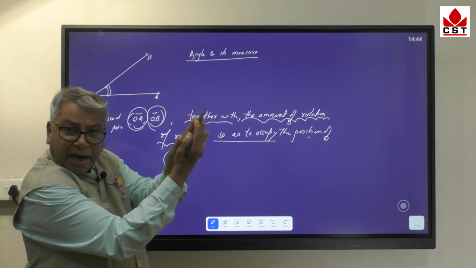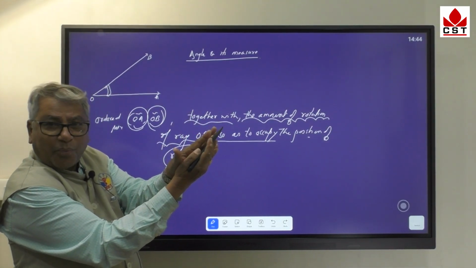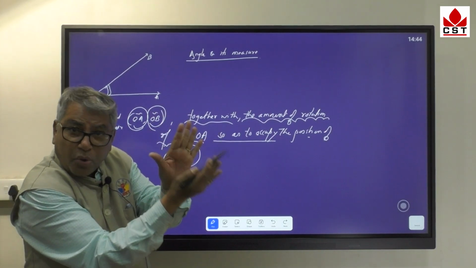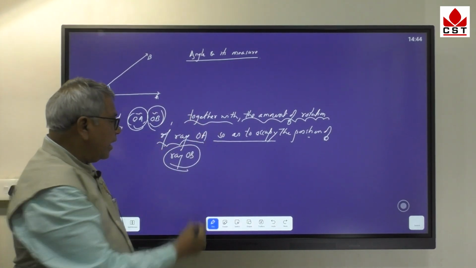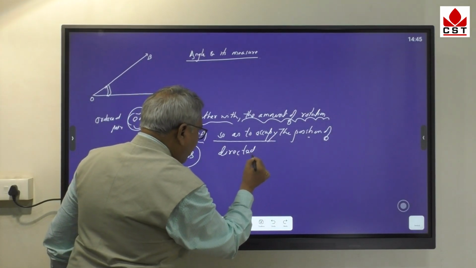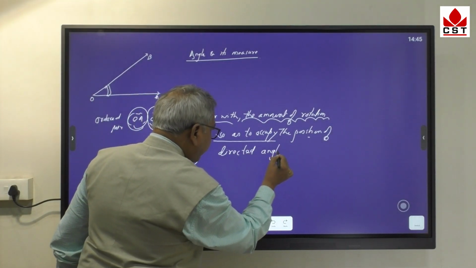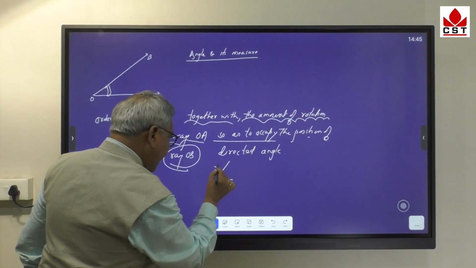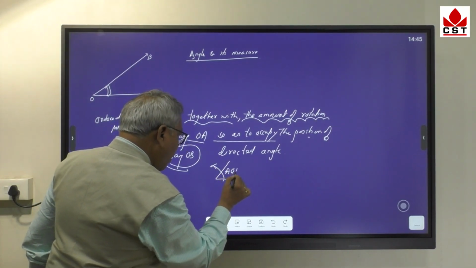OA rotates and occupies the position of OB. That amount of rotation is called a directed angle, denoted as directed angle AOB.